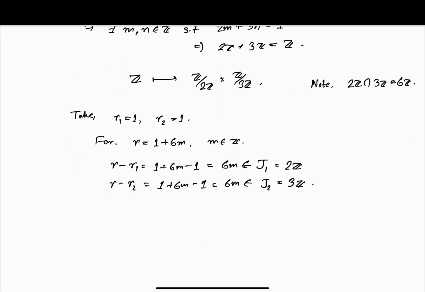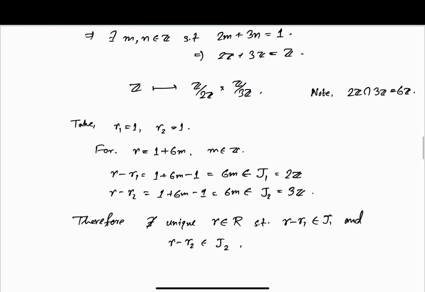So for R1 and R2 you find this R which is not unique, because it is 1 plus 6m. Therefore there does not exist a unique R in R such that R minus R1 is in J1 and R minus R2 is in J2.